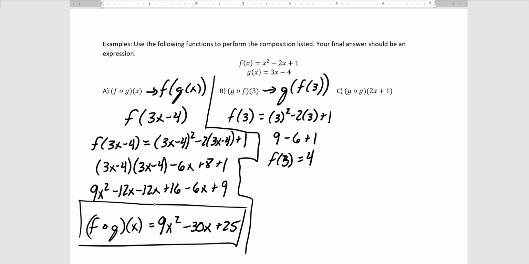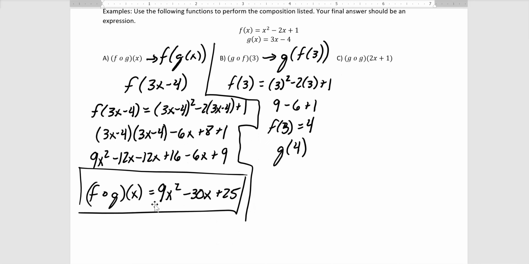So since I know now f of 3 is 4, I need to find g of 4. So g of 4 is 3 times 4 minus 4, which is 12 minus 4, which is 8.